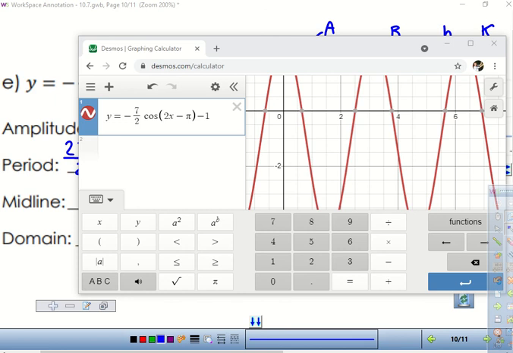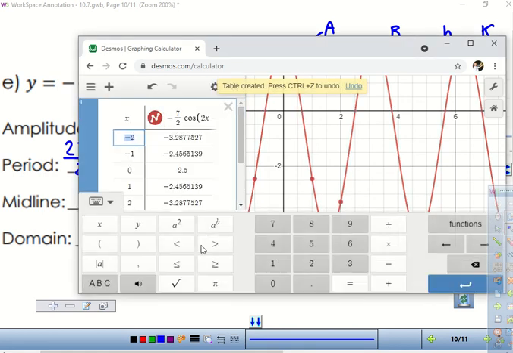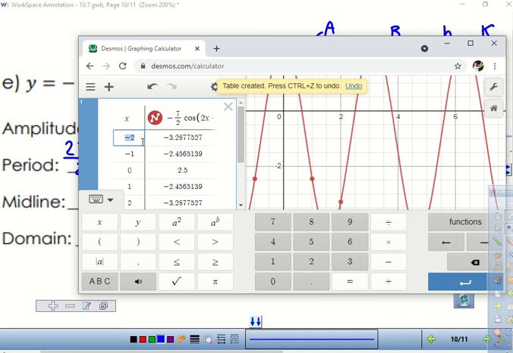So I typed it into Desmos. And then I hit this gear button right here, and I go to the table. And remember, in our table, we want to type in our trig values.